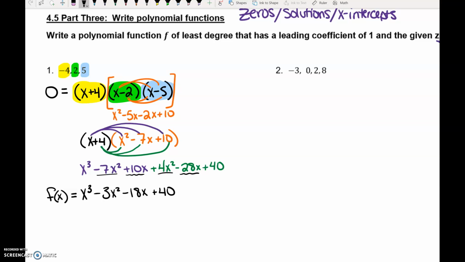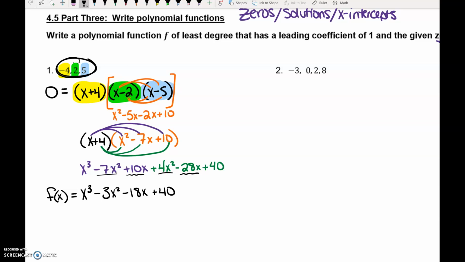If your degree is 3, you have 3 potential solutions. Here's those 3 solutions. They're saying don't multiply an extra x in there just to have extras in there. You don't want one of these to be like x squared plus 4 or x squared minus 2, because that would give you extra solutions that you don't need.